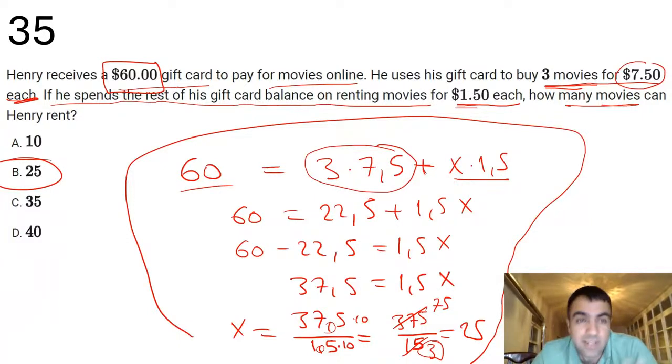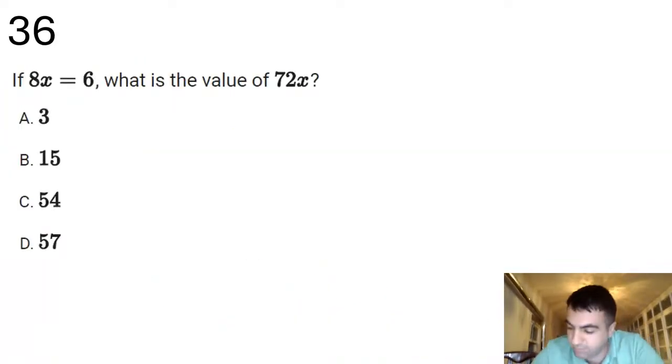Okay, I think it's clear. Let's get the next question. If 8x is equal to 6, what's the value of 72x?